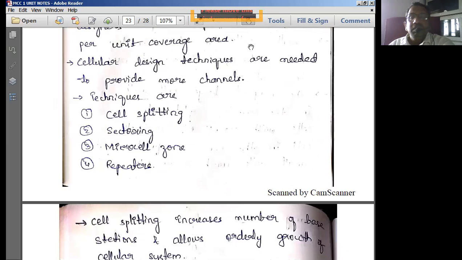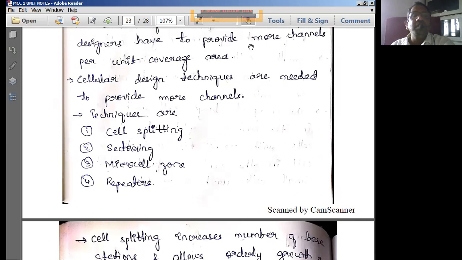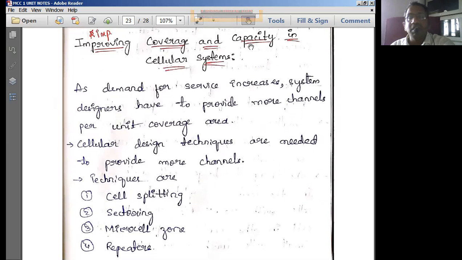The next concept is a very important concept. What is the problem we have in real time? The base stations cannot go on increasing in real time, whereas the mobile stations will go on increasing day by day.